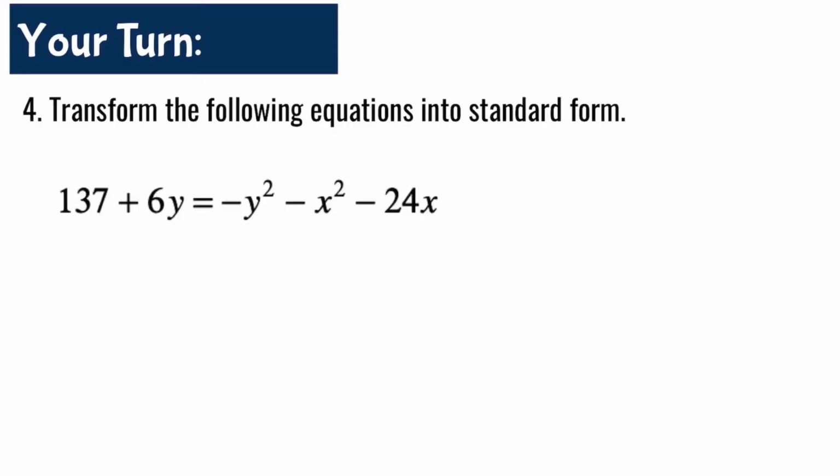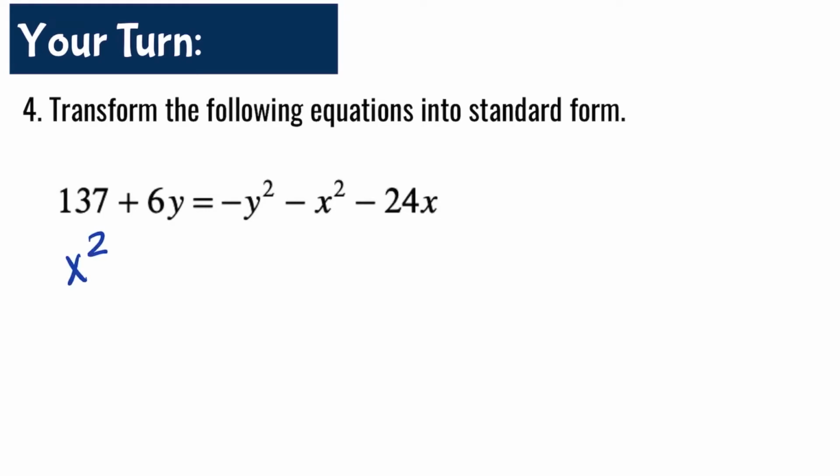Question 4. 137 plus 6y is equal to negative y squared minus x squared minus 24x. Step 1 is to transfer the terms with the variable on the left side and the constant on the right side. I will begin first with the variable x, so negative x squared becomes positive x squared.